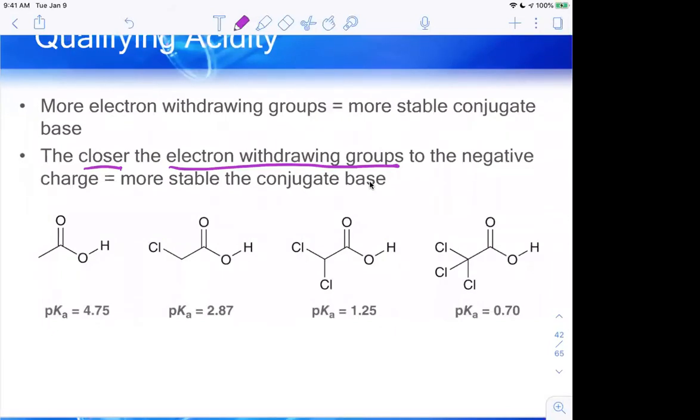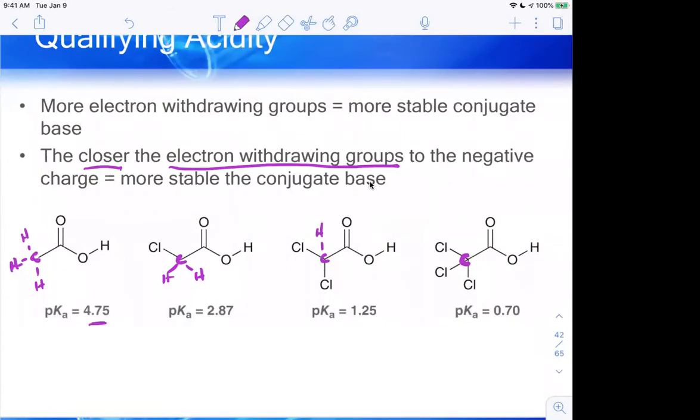So I'm going to compare this to acetic acid, which just has hydrogens on the end. This guy has 2 hydrogens and a chlorine. This guy has 2 chlorines and a hydrogen. And this guy has 3 chlorines.